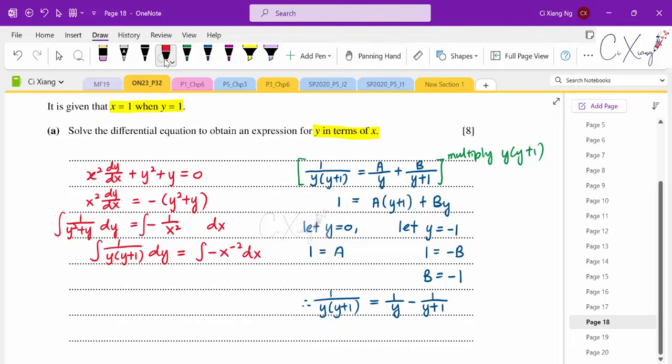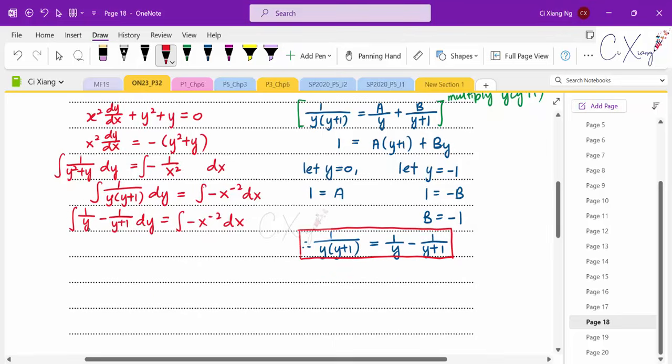Okay, so I want to use this result of partial fractions and substitute it into my integration step. I will substitute it here, which means I want to integrate 1 over y minus 1 over y plus 1 dy equals to negative x to the power negative 2.